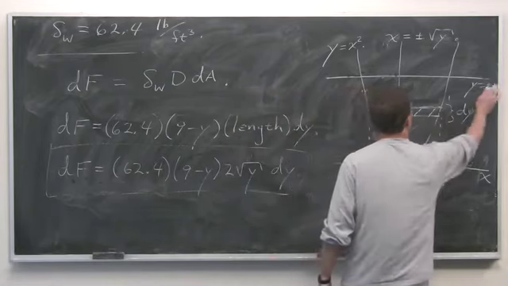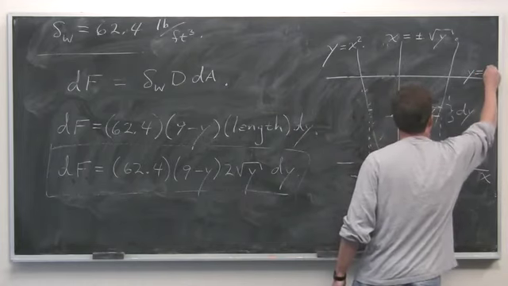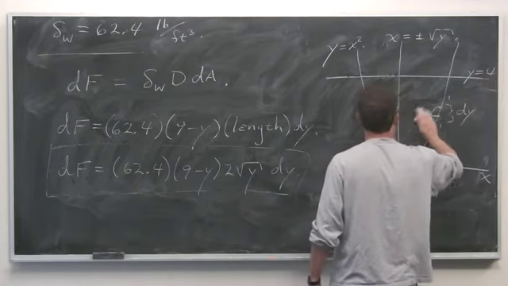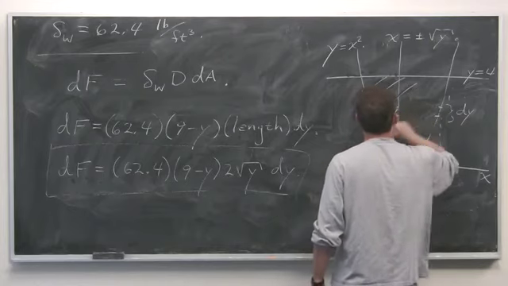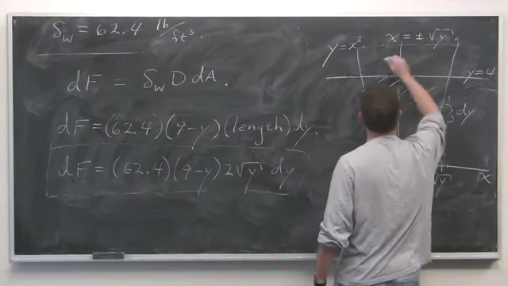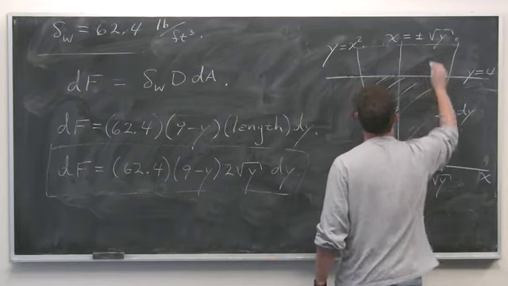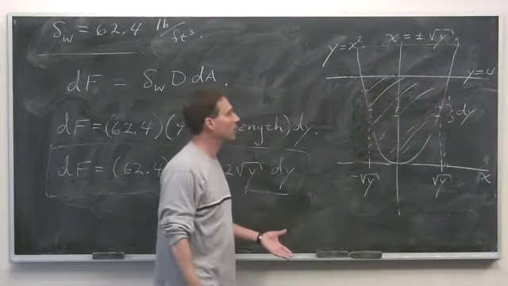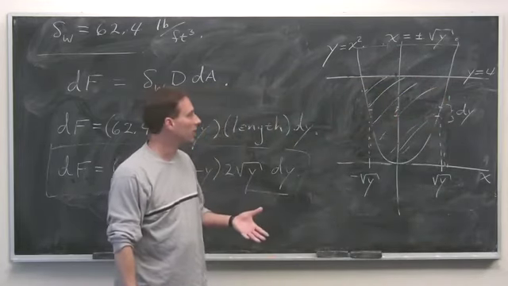So what changes? Now I'll just change this to y equals 4. And now we've got water. And yes, there's some wall of the swimming pool up here, but it doesn't matter. There's no water pushing on that.